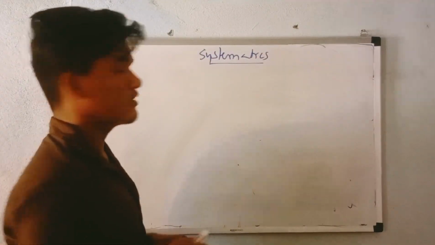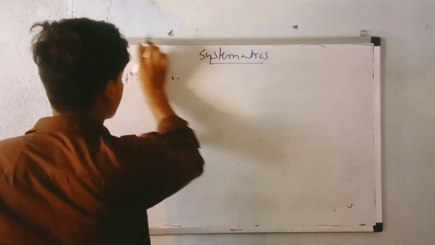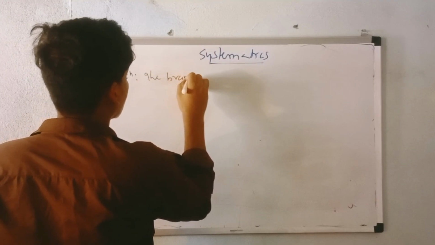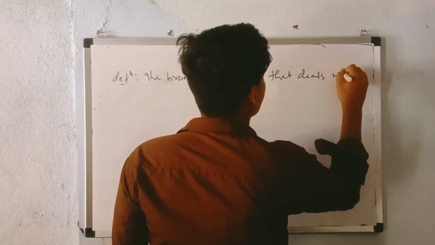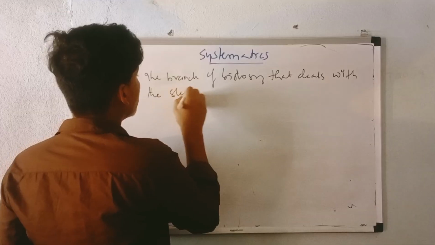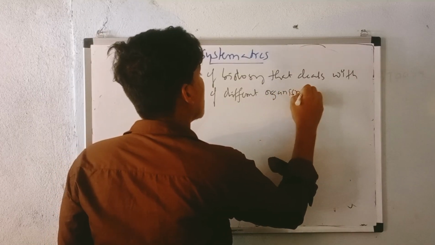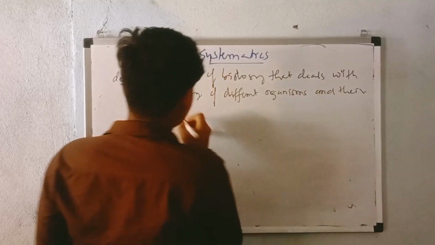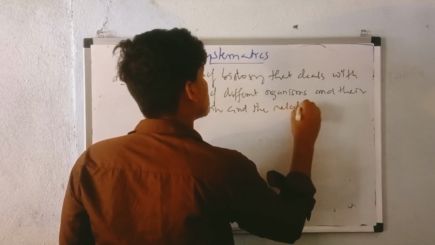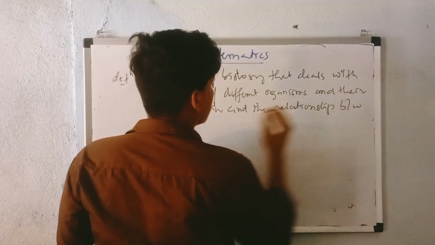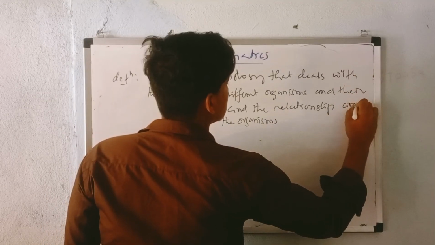The definition is: the study of, the branch of biology that deals with the study of different types of organisms and their diversities and the relationship among the organisms. Among is the better word.